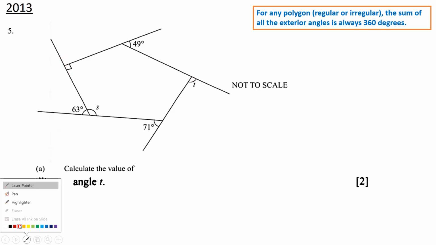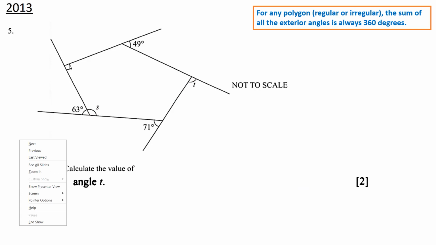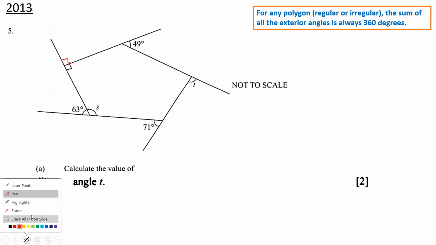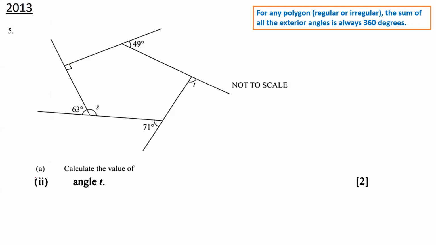Let's see what it is. If this one is 90, this must also be 90, because 90 plus 90 gives us 180 degrees. If this is 90 on the inside, this one is automatically going to be 90 again, because they're on a straight line at a common point, and angles on a straight line at a common point must add up to 180 degrees.